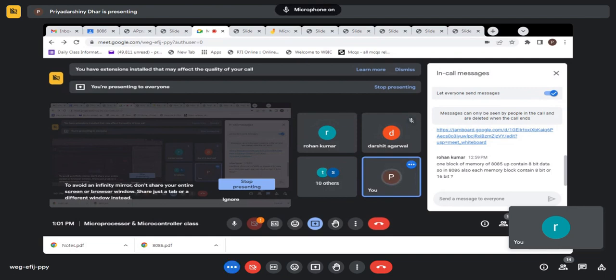To address these memory locations we require 16 lines, and each location is 1 byte, so the total is 64 kilobytes. If we require 16-bit data, we require two consecutive memory locations.